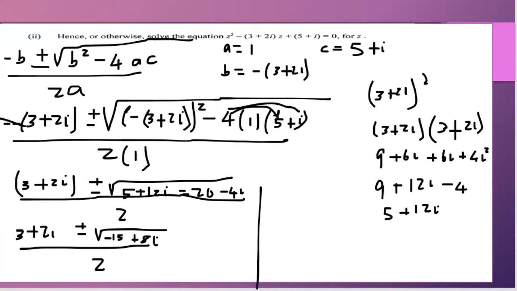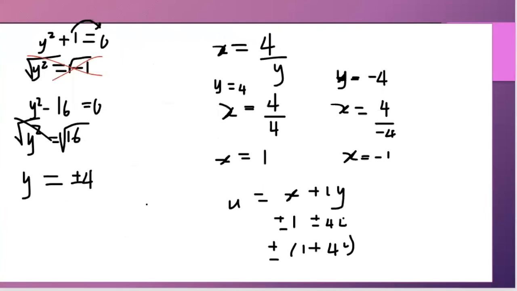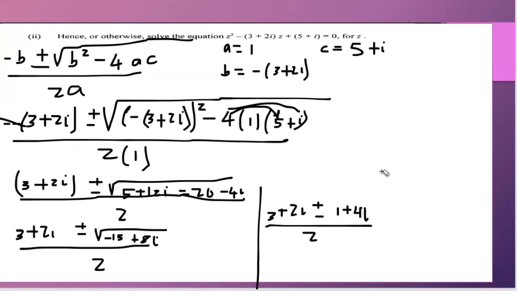So this represents u, and remember, I just found out that u is plus or minus (1 plus 4i). So I can replace the square root to be 3 plus 2i plus or minus (1 plus 4i) all over 2. And now I will separate.